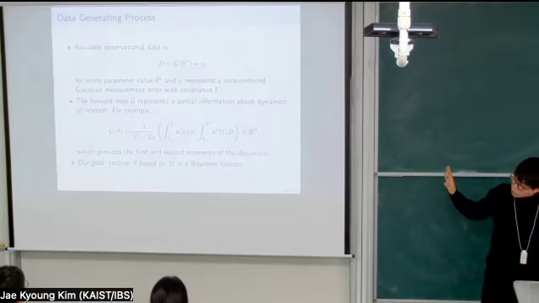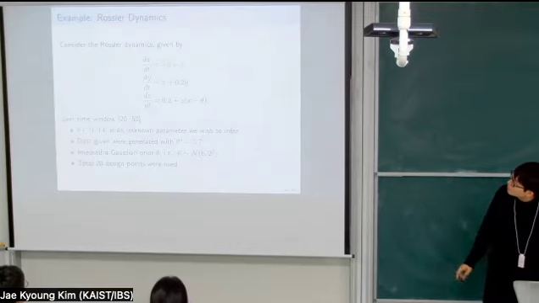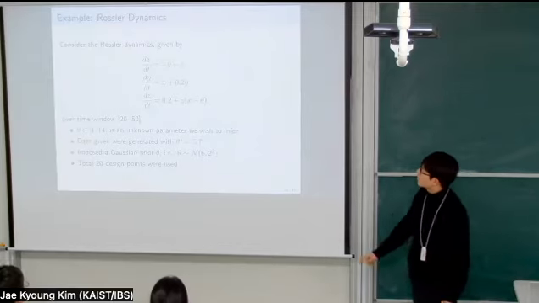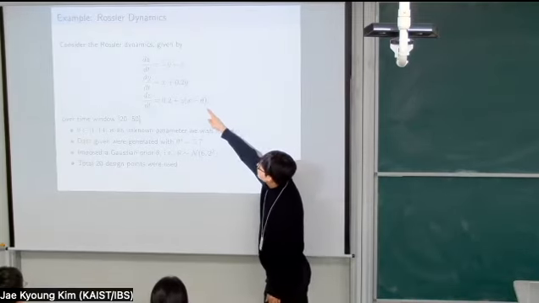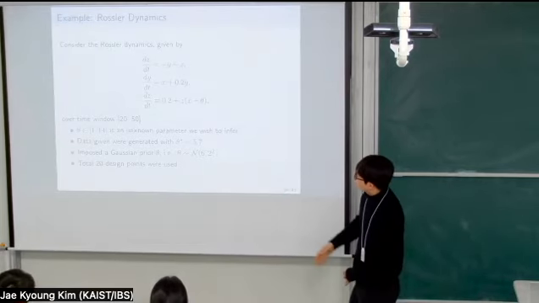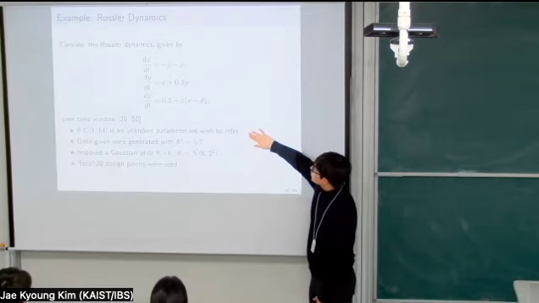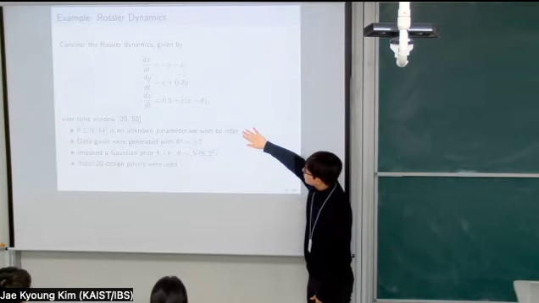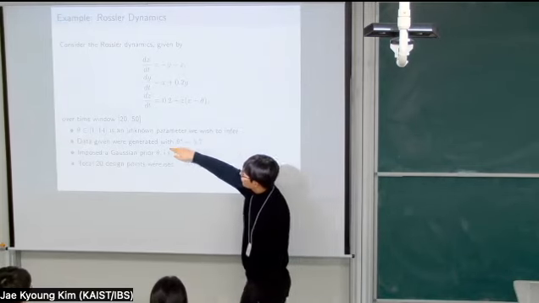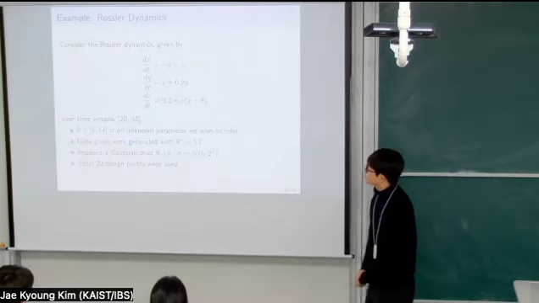Of course, these are all synthetic examples, and here's one concrete example for Rossler dynamics. Say you want to estimate the parameter θ. Because we want to do Bayesian inference, we put a prior on θ, one that has positive mass between 1 and 14.